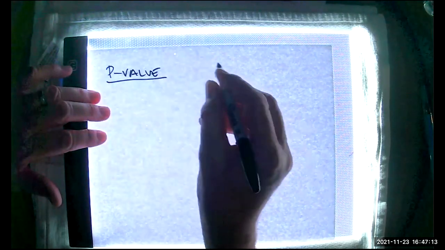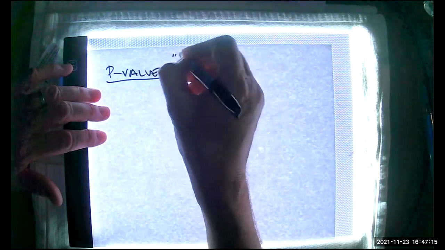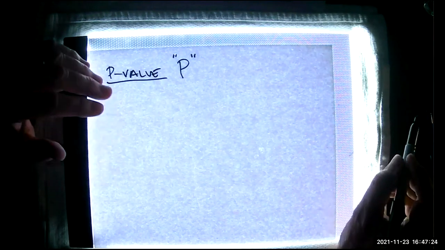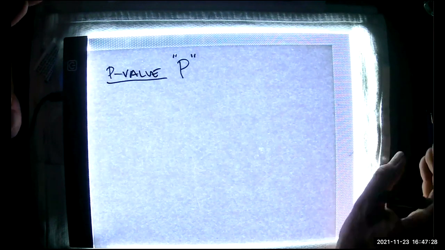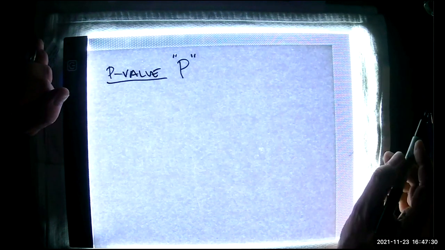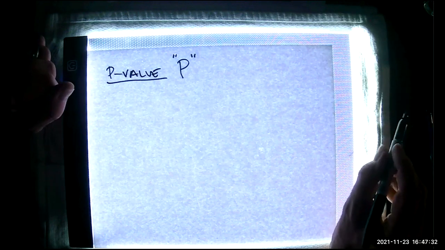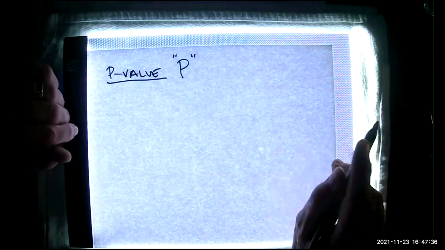The p-value. Confusing because it's capital P, and there's a lot of P around right now. This is the probability of getting a value at least as extreme as the test statistic. Students understand this other thing much better.